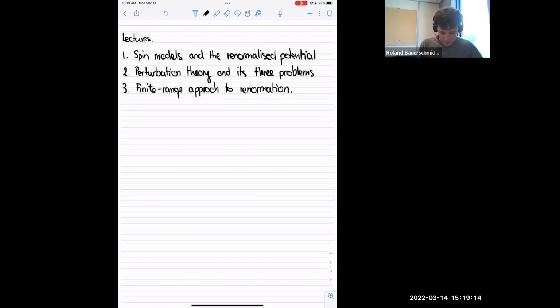This is one of different approaches to essentially deal with another of the problems that I'll highlight in my second lecture, which is that of the infinite volume problem.